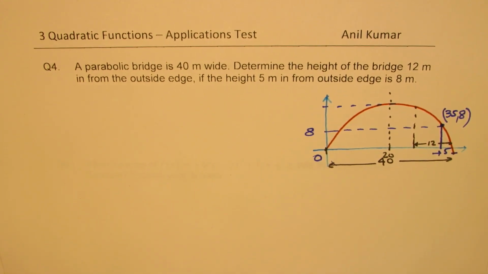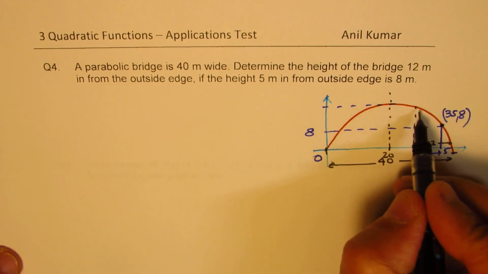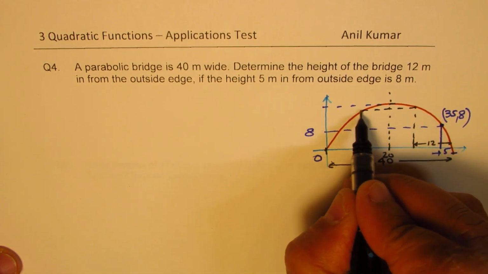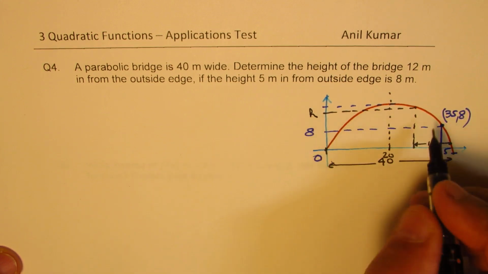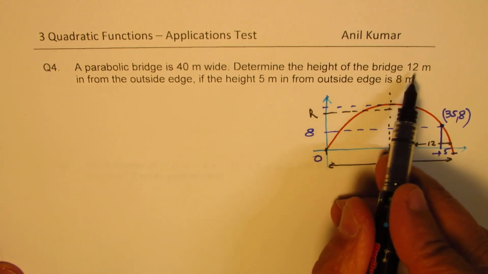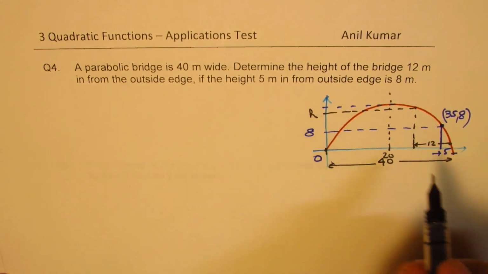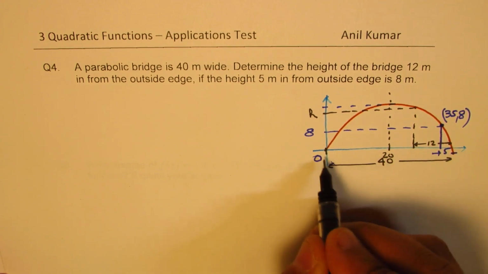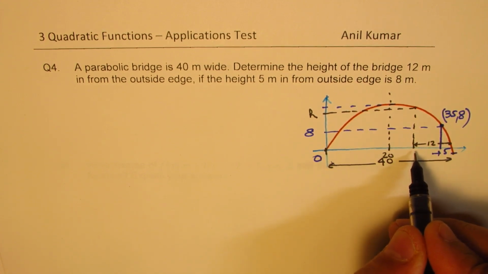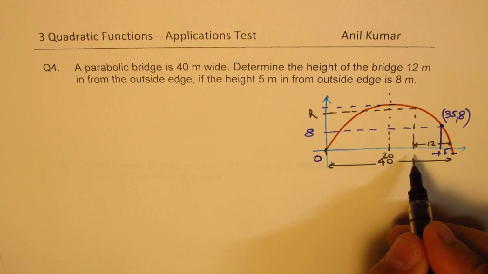So we are given this kind of a bridge. We need to find the height, which is this height, which we need to find when it is 12 meters in from outside. So 12 from here. So from this side, how much will it be? It will be 40 minus 12, right?